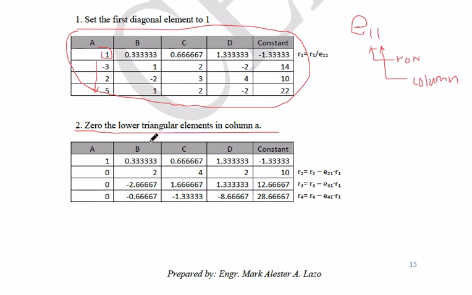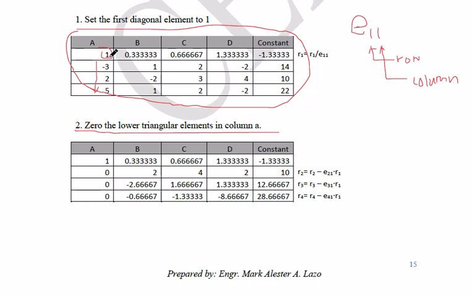It will be R2, or the new value here will be equal to R2, this value here, minus itself times the value of the element in row 1. As you can see, negative 3 minus itself times the elements in row 1.